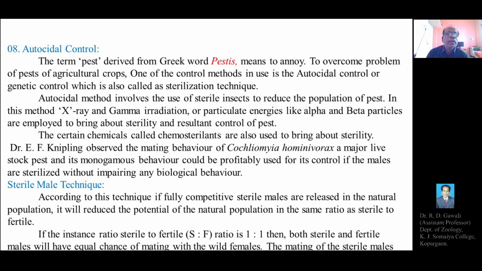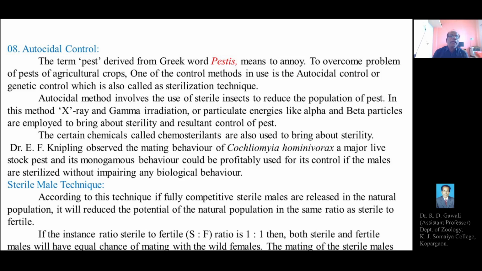So X-ray and gamma irradiation, and particulate energy in the form of alpha and beta particles, are used to bring about sterility and resultant control of the pest. Certain chemicals called chemosterilants are also used to bring about sterility.